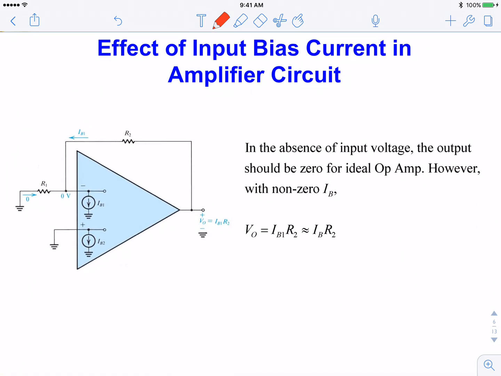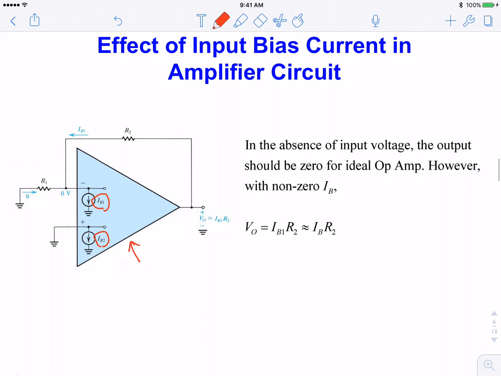Let's go back and look at this inverting amplifier. Now we add these bias currents here, IB1 and IB2. If they are not 0, what happens? If we analyze the circuit, assume this is ideal other than IB1, IB2 being non-zero. The rest is ideal. And then you see, okay, here is ground.